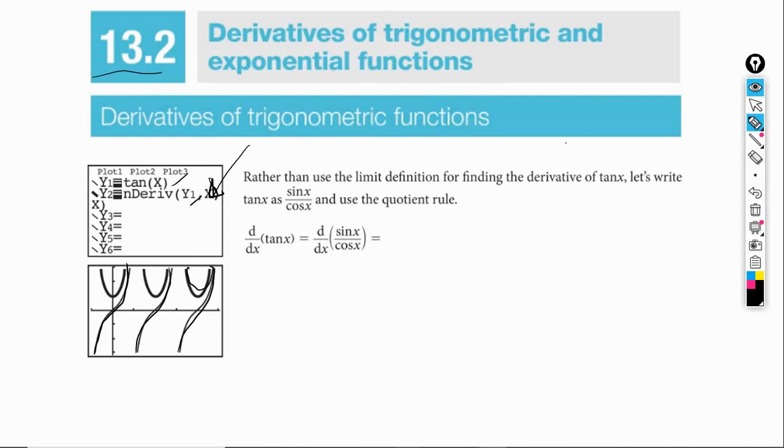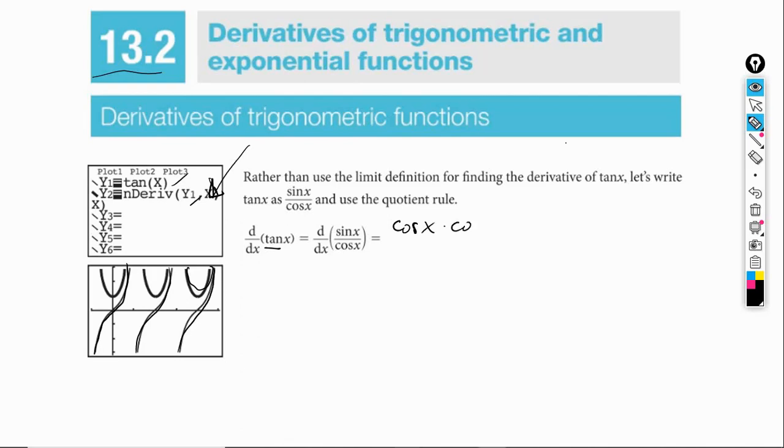But we're not going to use the definition of limit. Rather, we're going to use the fact that tangent of x is equal to sine of x over cosine of x, and find the derivative of that using the quotient rule. So remember, it's low d high minus high d low over low squared. So low would be the denominator, so cosine of x times the derivative of the numerator.